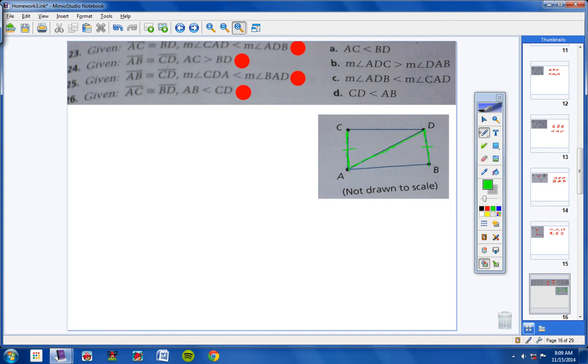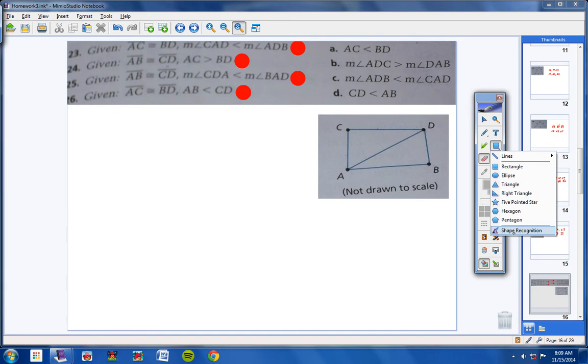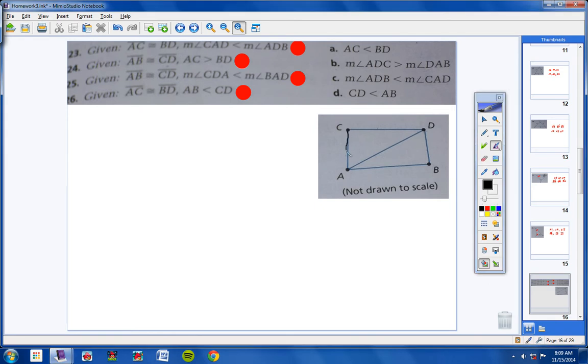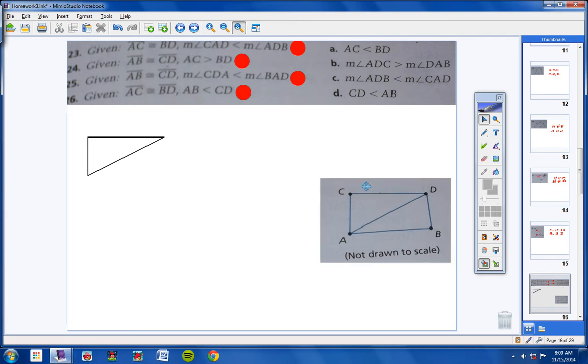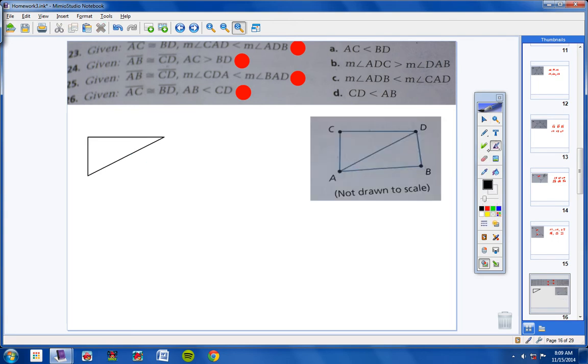You know what? I think it'd be better, students, I believe, if I do this. This is how I'm going to do it. It'll take me about 20 seconds here to do this. Maybe a little longer.